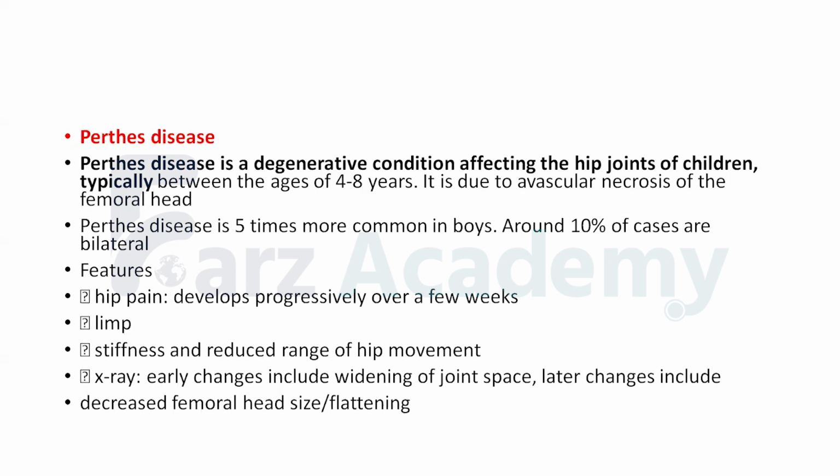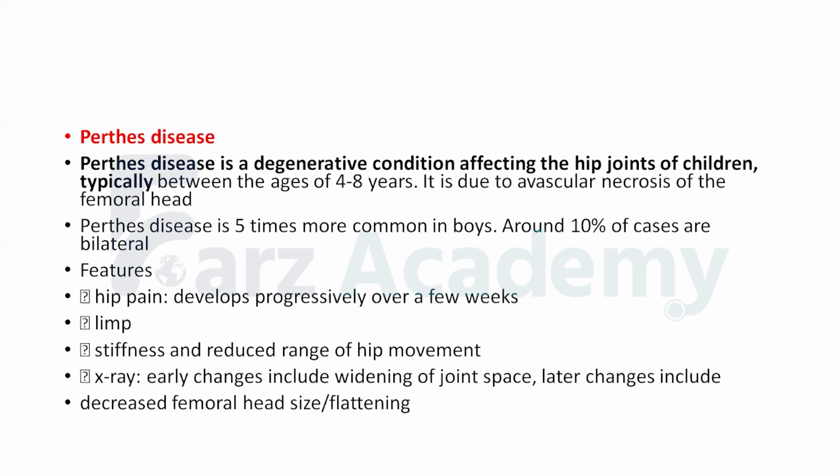So next is Perthes disease. It is a disease of the children. Perthes disease is a degenerative condition affecting the hip joint of children, typically between the ages of 4 and 8 years. It is due to avascular necrosis of the femoral head.